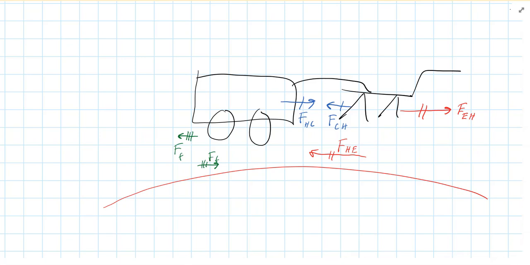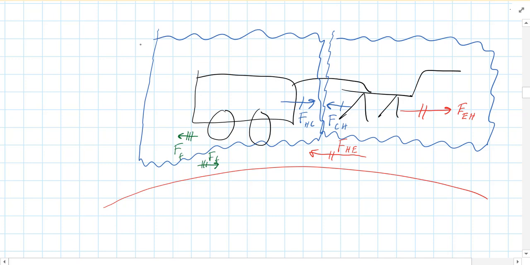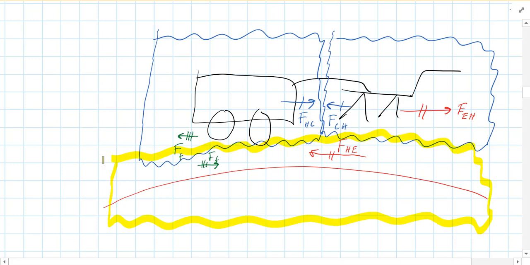Now, if you look at each object individually, you come up with something pretty cool. If you look at just the forces acting on the horse, it has a net force to the right, so the horse will accelerate to the right. If you look at just the cart, the blue arrow is bigger than the green, so the cart will accelerate to the right. And if you look at just the earth, there's actually a bigger force to the left, so the earth will move slightly to the left.